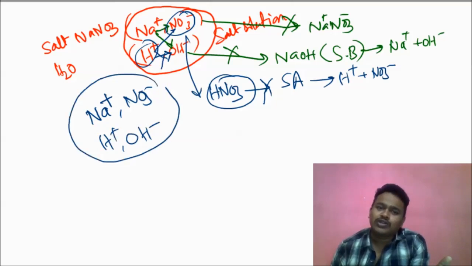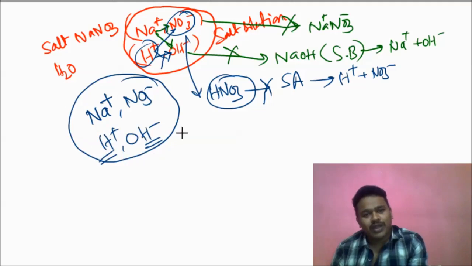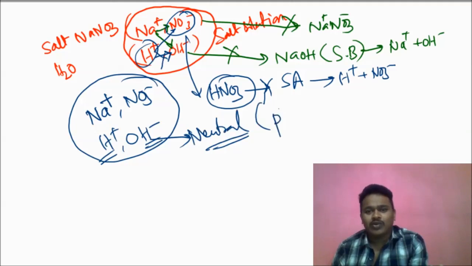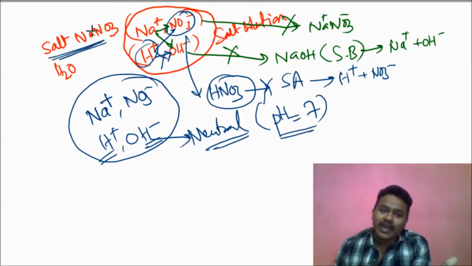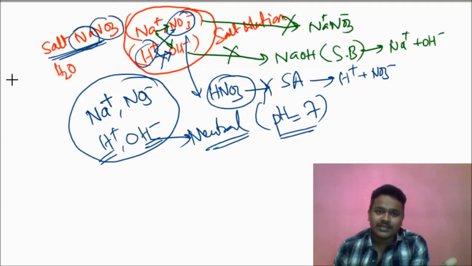So in the salt solution both H plus and OH minus ions are available. Both the concentrations are the same, so that solution is a neutral solution. Whenever it is neutral, what is the pH you can say? That will be 7. This is the nature of the salt of a strong acid and a strong base.